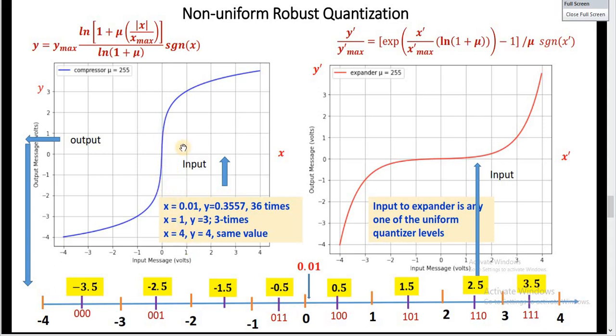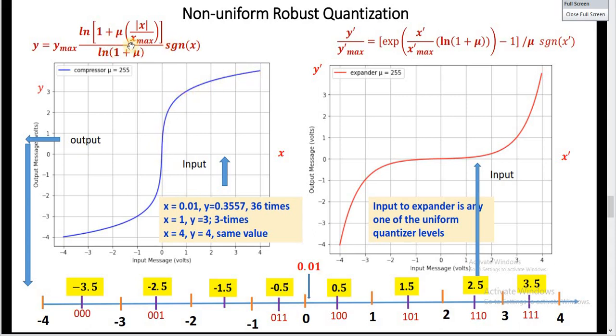If x is 1, the output is 3, which is 3 times the input. And if x is 4, the output is also 4. So we have a ratio of 1, which means that the compressor actually amplifies all input values. But the level of amplification varies depending on the value of the signal. Smaller amplitudes are amplified to a higher degree than larger amplitudes.